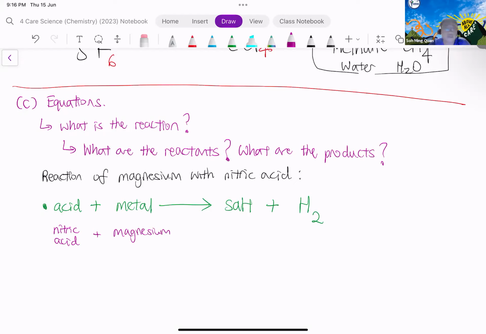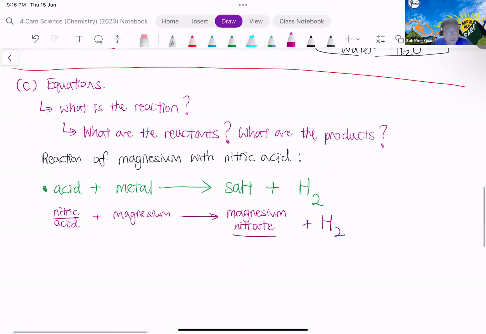How do you know magnesium is a metal? You look in the periodic table. Magnesium is in group 2, is a metal. It forms a salt. What is the salt's name going to be? The salt's name will start with the metal. So it's magnesium. And the second part comes from the acid. Nitric acid becomes nitrate.